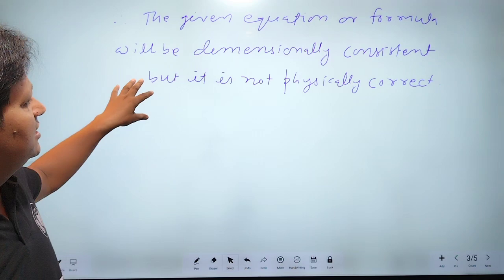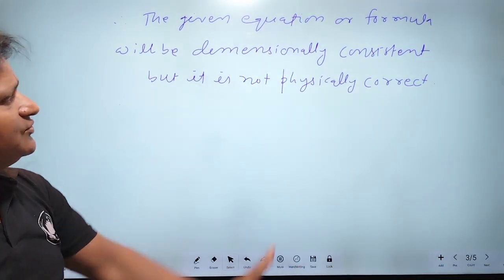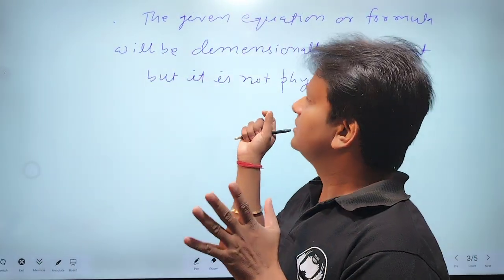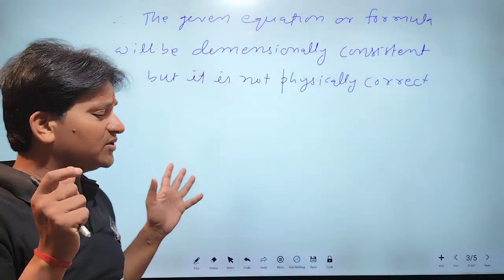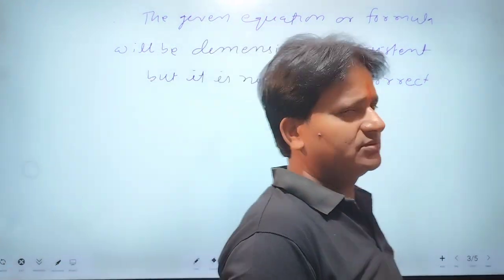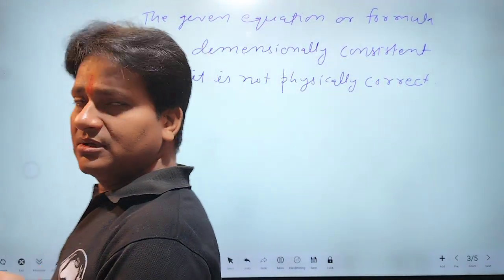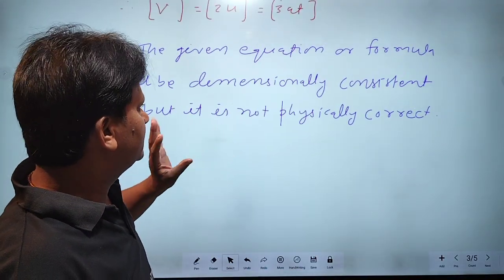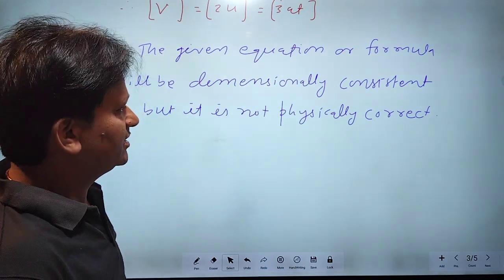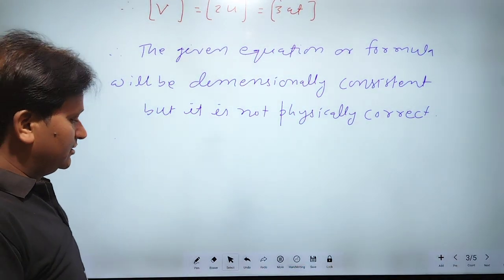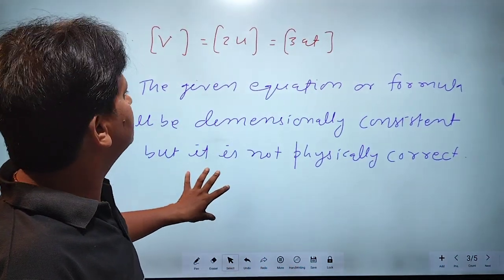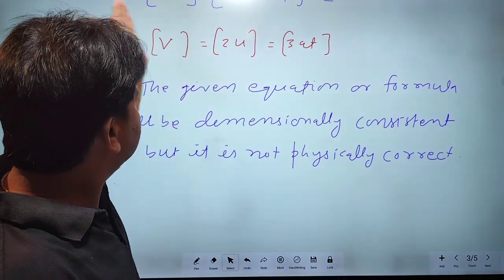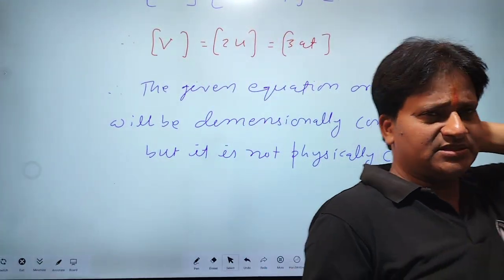Therefore it is not physically correct. This formula is not physically correct, but this equation or formula will be dimensionally correct because each term of the formula has the same dimension.